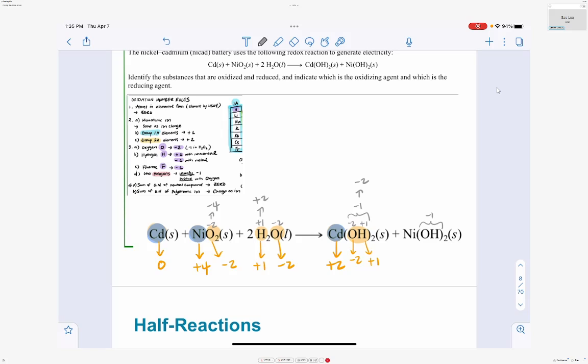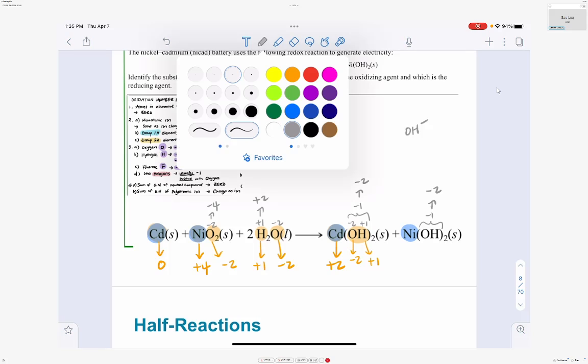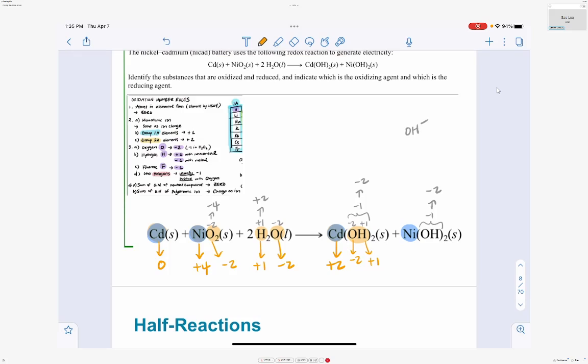We have 2 of the hydroxide, so this portion gives us oxidation number negative 2. So the nickel's oxidation number has to be positive 2. Oxidation number of oxygen is still negative 2. Hydrogen is still positive 1.